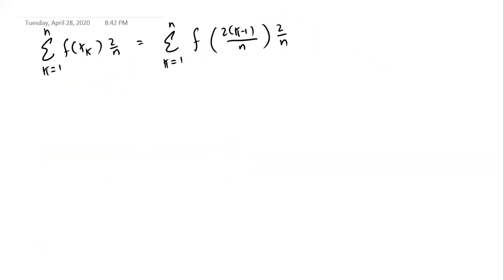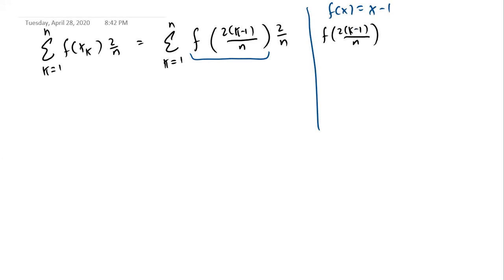Now we can just simplify this here. Why? Because we're given what our function is. We know that our function is x minus 1. So you just plug this in. Right? So what's f of 2 times k minus 1 over n? We'll just plug that in for x. So this is just 2 times k minus 1 over n minus 1.